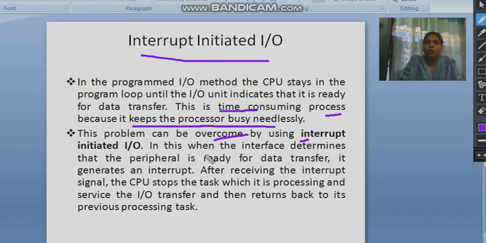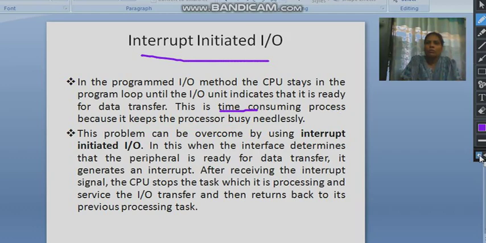In this, when the interface determines that the peripheral is ready for data transfer, it generates an interrupt. After receiving the interrupt signal, the CPU stops the task it is processing, serves the IO transfer, and returns to the previous processing task. So clearly there is no need for the CPU to wait for the IO activity.